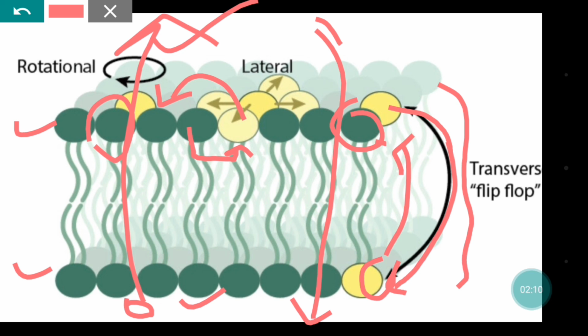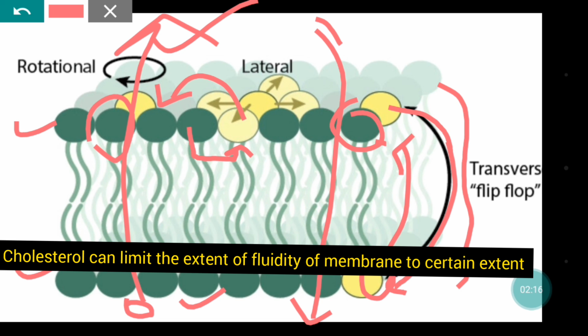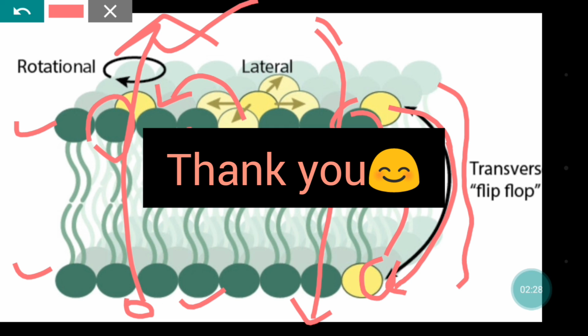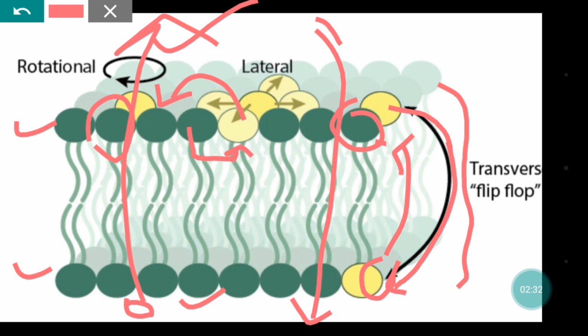So this kind of property is needed. In animal cells, cholesterol deposition limits the fluidity of the membrane, right? Now it is clear why this model is called the fluid mosaic model, right?